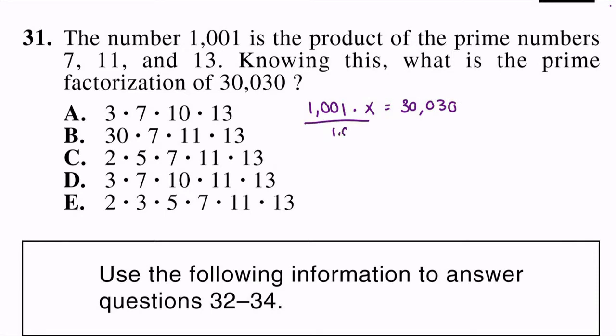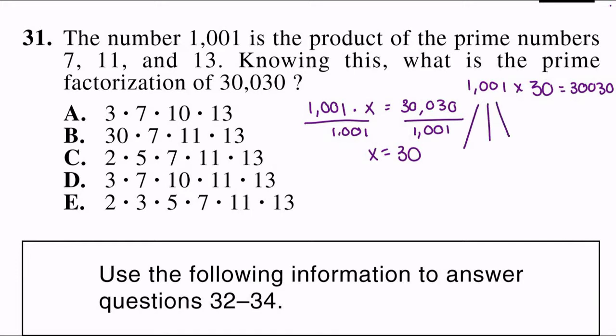We could solve this by dividing both sides by 1001, and we find that x is equal to 30. So we know that 1001 times 30 equals 30,030. We also know our prime factors of 1001, which are 7, 11, and 13.